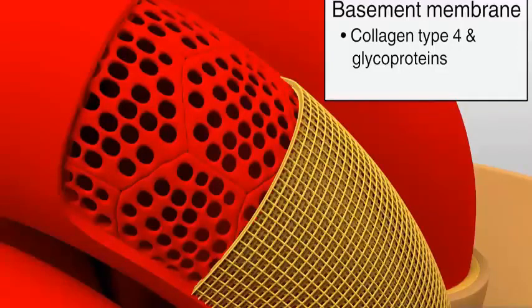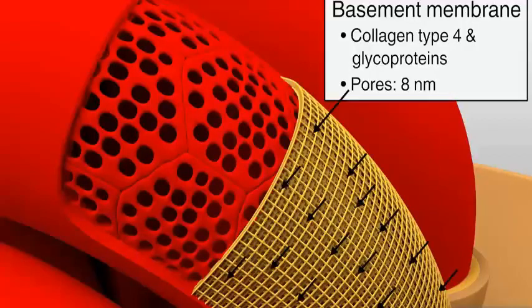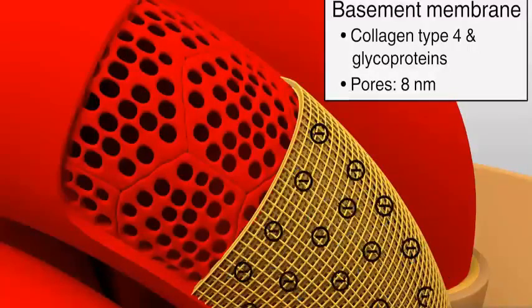Glycoproteins have negative charge on them. Basement membrane is also porous. The size of pore is about 8 nanometers. It allows free passage of water and small molecules, but it prevents filtration of plasma proteins. Negative charge on glycoproteins of basement membrane limits the filtration of negatively charged molecules.